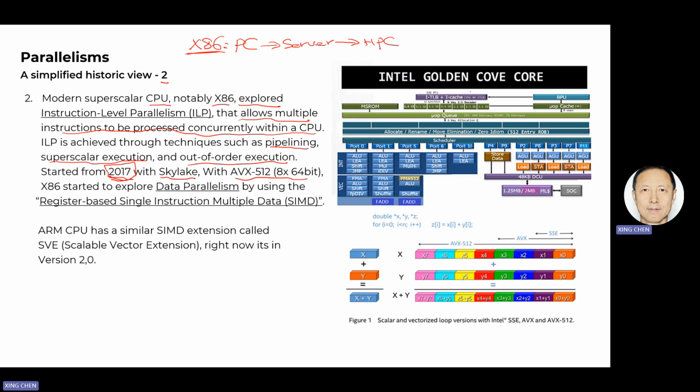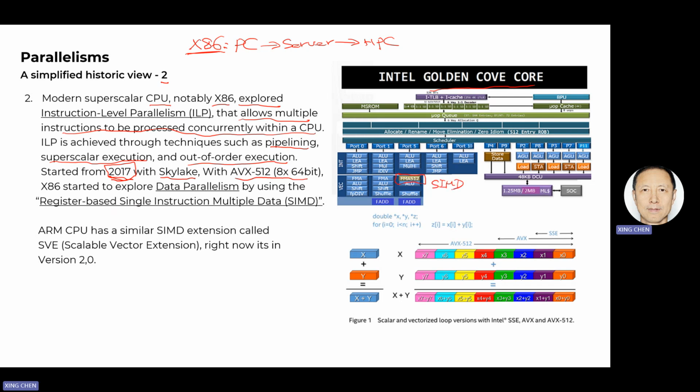I'm not sure this Golden Cove core is the Skylake. Maybe it is. Let's try to find out where the SIMD is. I think here is FMA 512. This should be the functional units that are used to explore the data parallelism, mainly SIMD.